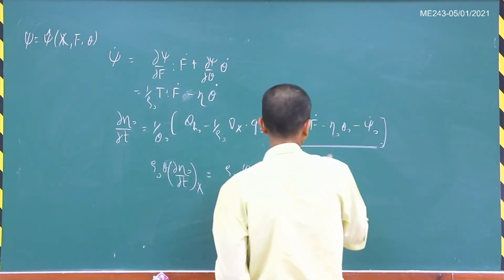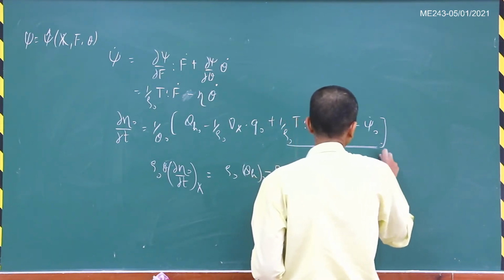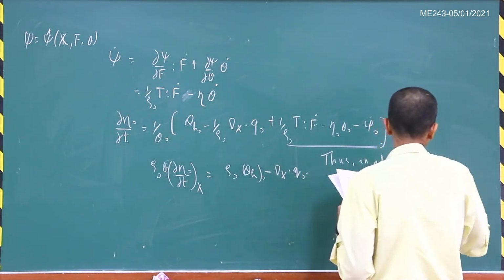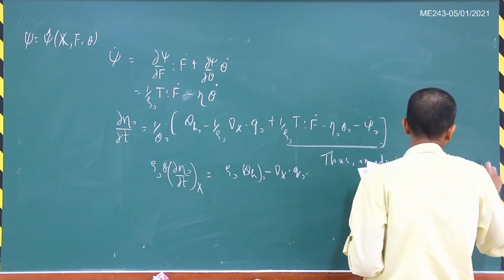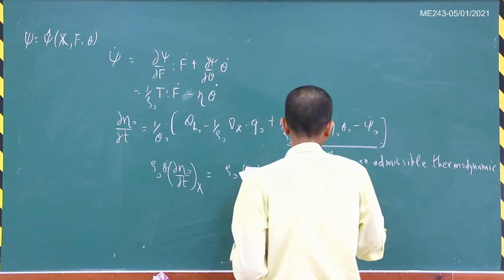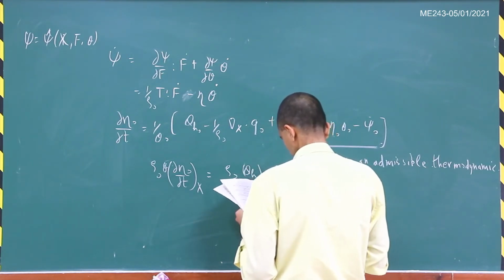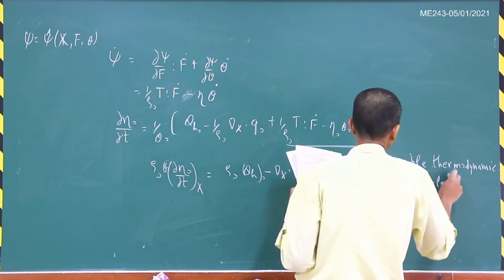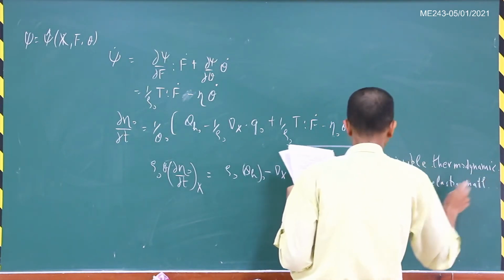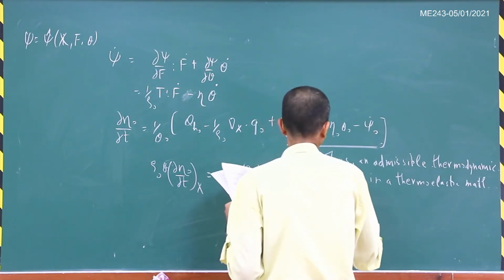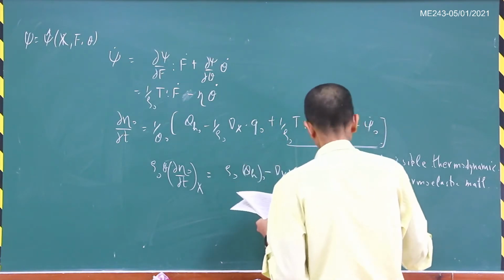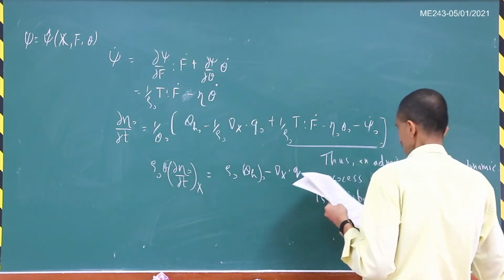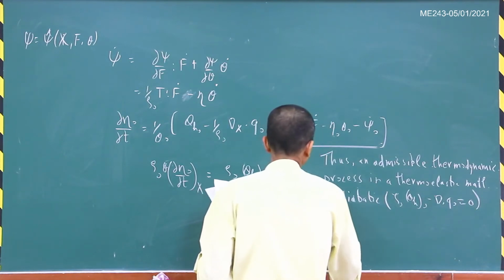So an admissible thermodynamic process in a thermoelastic material is adiabatic, that means rho naught qh naught minus del dot q naught is equal to 0, if and only if it is isentropic.